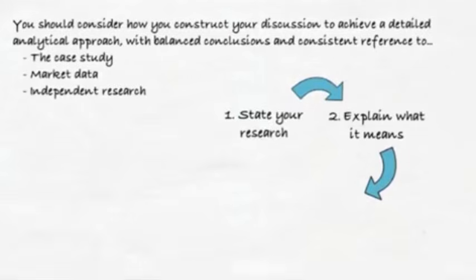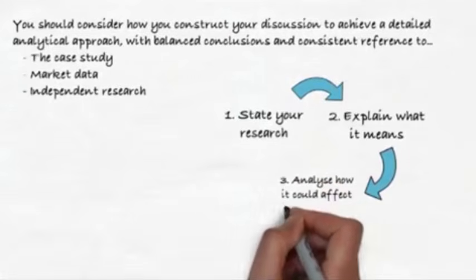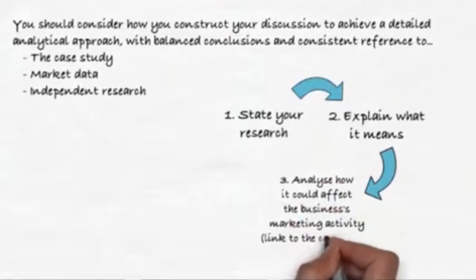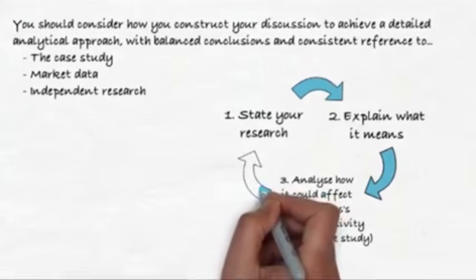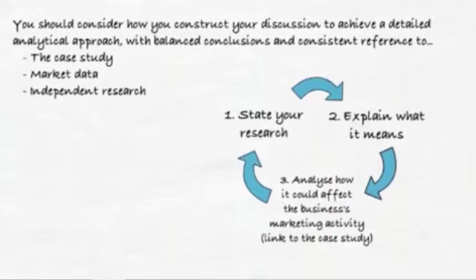Most importantly, you need to consistently link your points back to the case study by analysing how the information you have explained might impact the business's marketing activity. Think about how it might influence the product, price, place, or promotion.